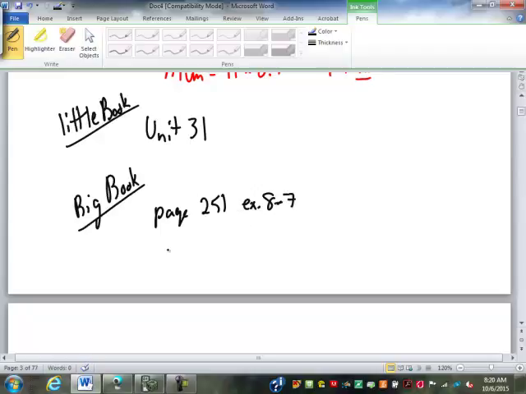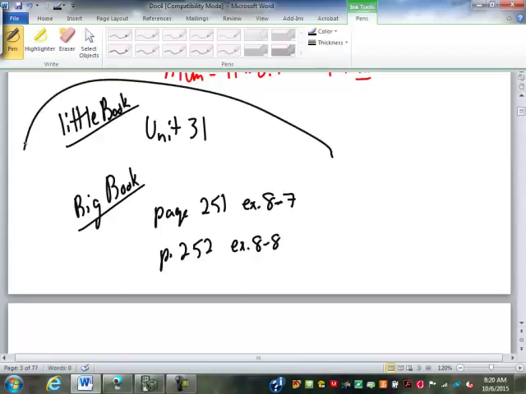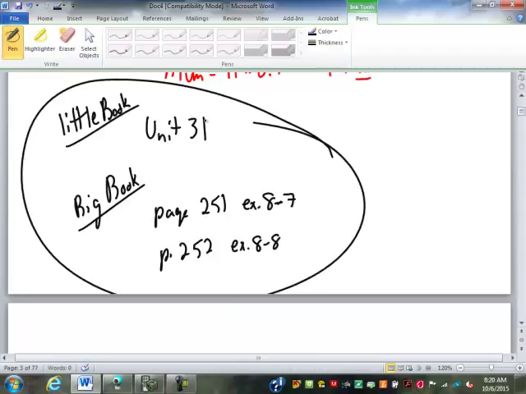I think that's 1 through 19. And on page 252, it's exercise 8-8, which I think is only 1 through 6. Have fun.